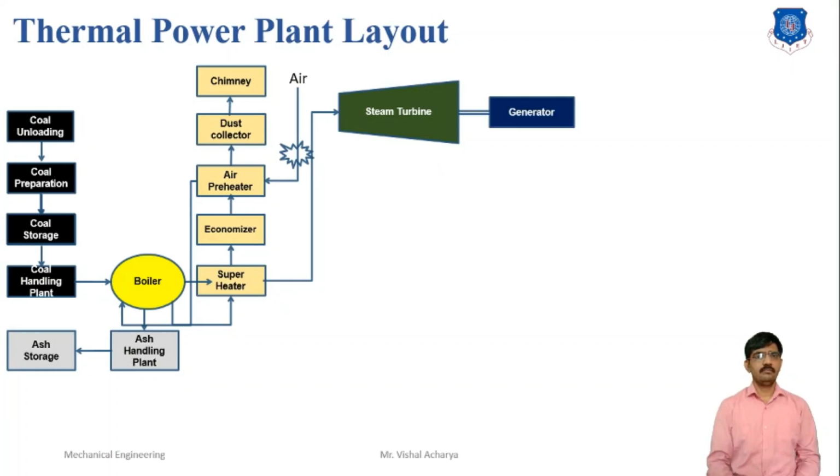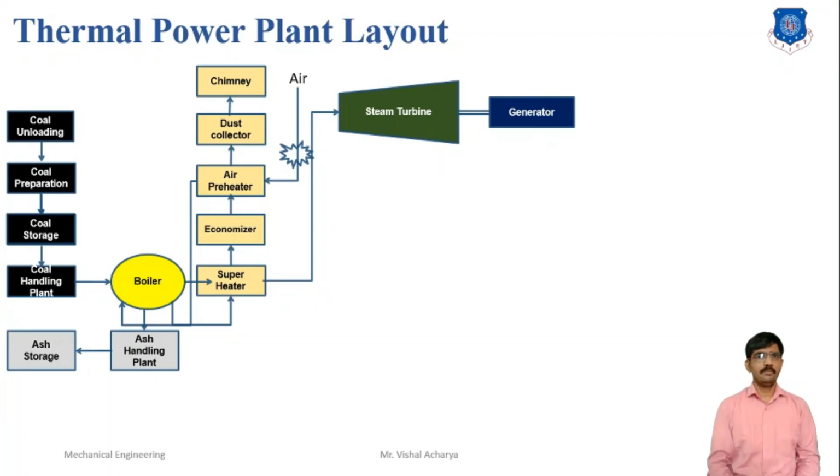Here the steam turbine shaft is connected to the generator. A generator is a device which converts mechanical energy to electrical energy, and it produces electricity, and the electricity is transferred by the transformer or electrical device.